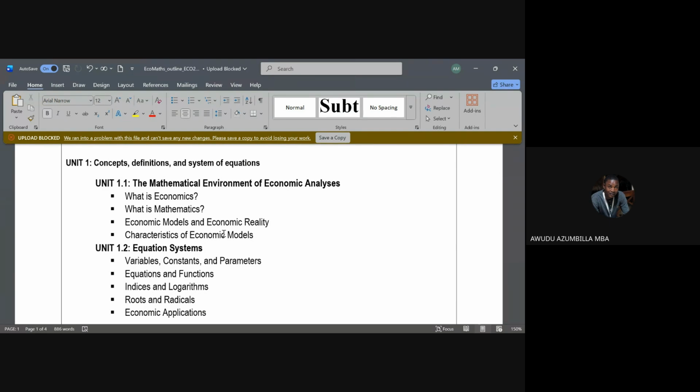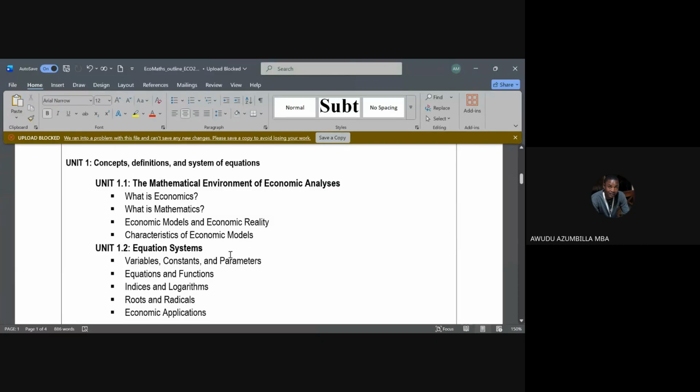And then from there, we look at what economics is, what mathematics is, and then we look at economic models and theories. We look at economic realities. We look at the characteristics of economic models. This will constitute the first aspect of the unit.